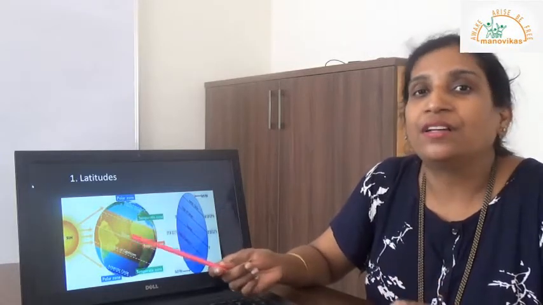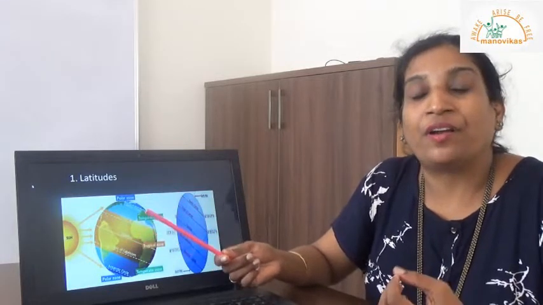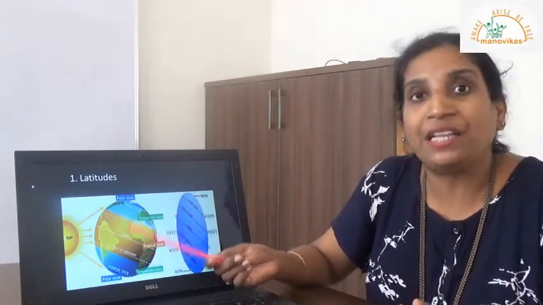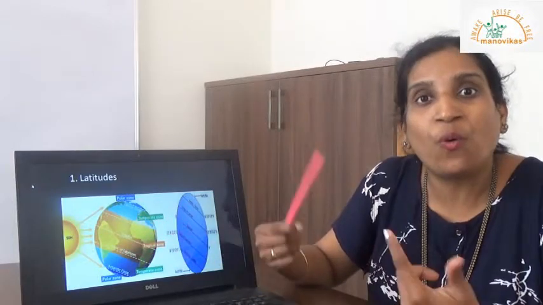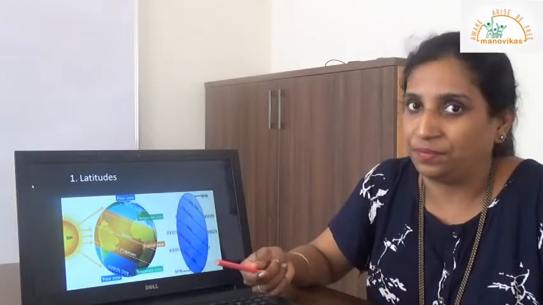Here throughout the year the climate is hotter. So if a place or a country or a landmass is located between these two latitudes, we know in general the climate of this particular place is going to be hotter.